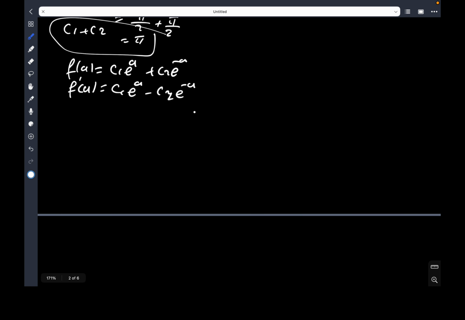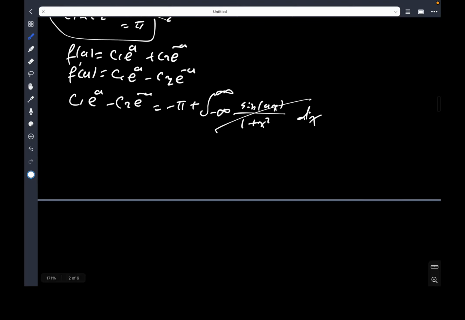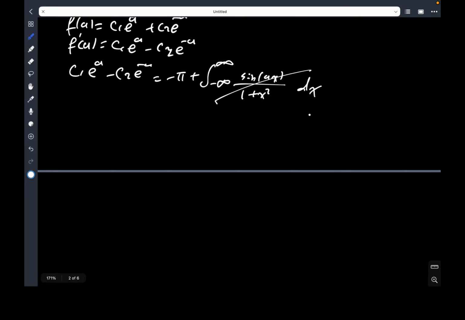And I'm going to equate it to my f prime of a, which is equal to negative pi plus the integral from negative infinity to infinity of sine of ax over 1 plus x squared dx. If I let a be equal to 0, this is going to go away, since sine of 0 is 0. Thus, I'm going to get c1 minus c2 equals negative pi.